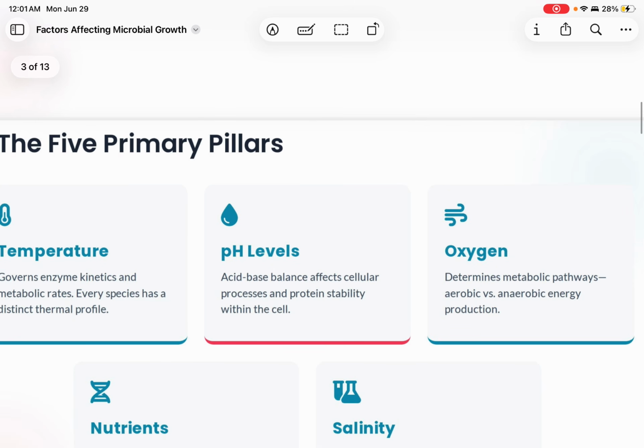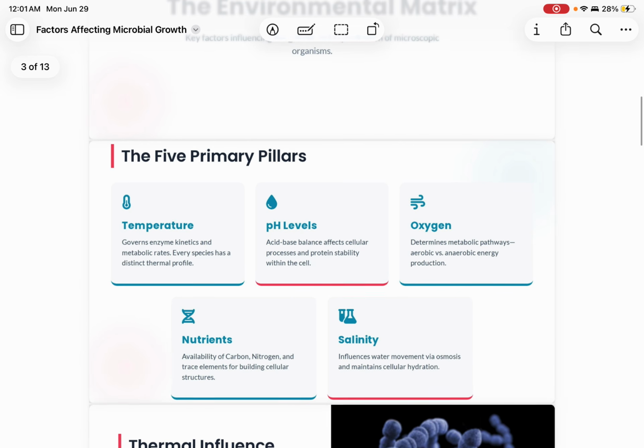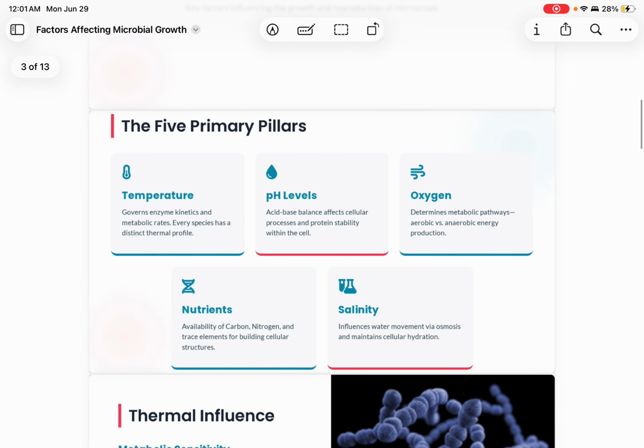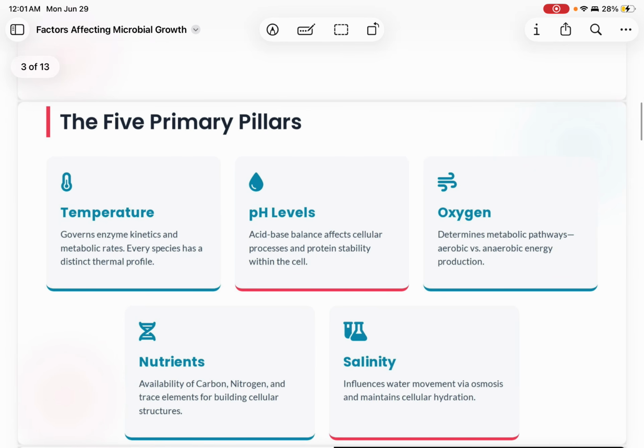So the five primary pillars are temperature, which governs enzymes and kinetic metabolic rates; pH levels, acid-base balance effects; oxygen; nutrients, availability of carbon, nitrogen, and trace elements, protein structure; and salinity, which influences water movement via osmosis and maintains cellular hydration.